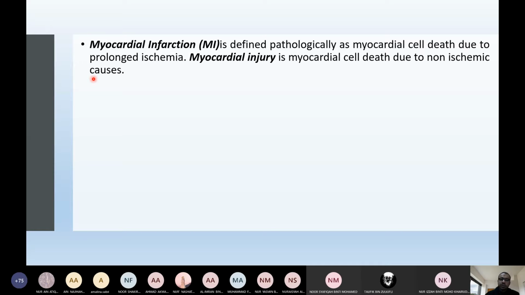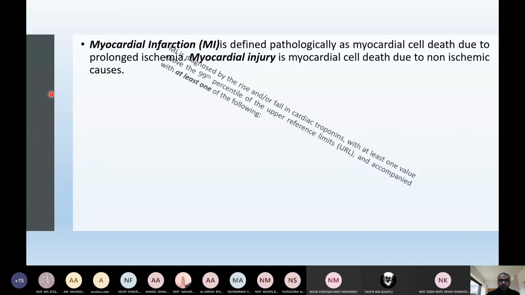Most of the time we prefer to use the term MI, and the I refers to infarction, to make it very clear that it is related to ischemia. Injury of the myocardium can happen due to ischemic and non-ischemic reasons, but infarction refers to the injury or tissue damage precipitated through ischemia.